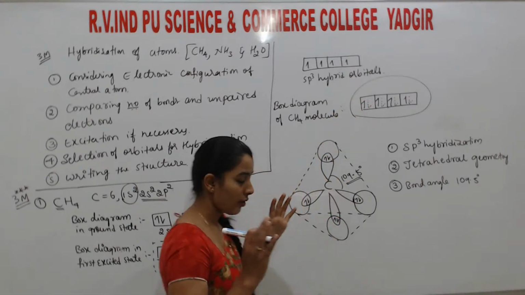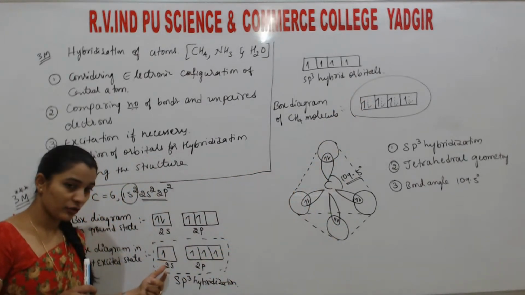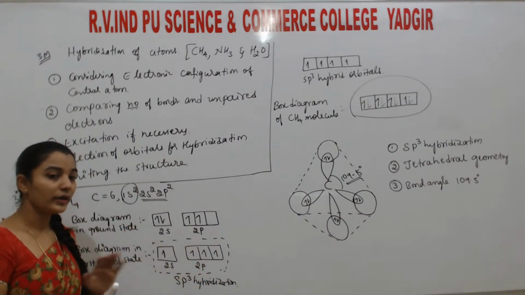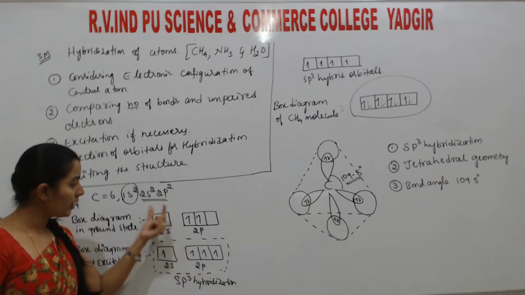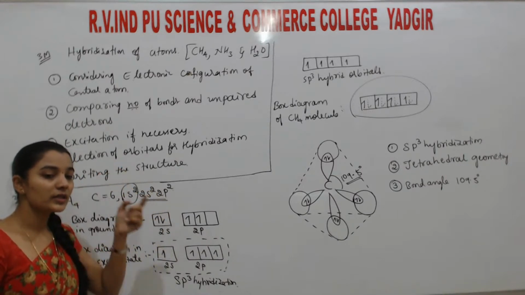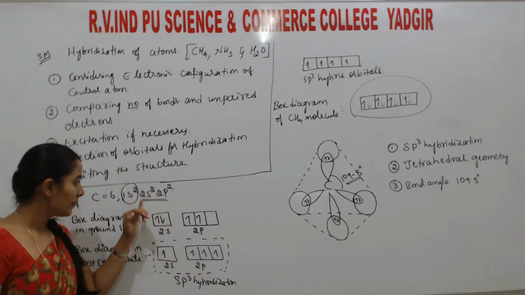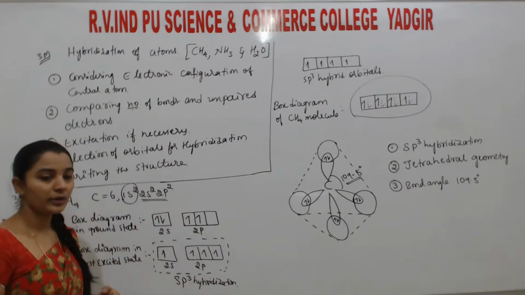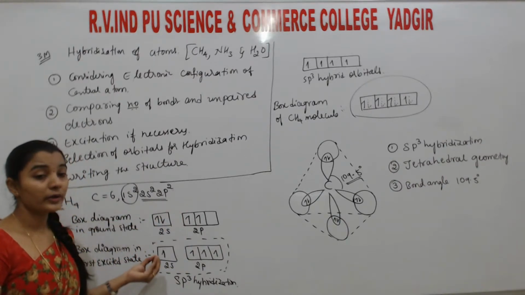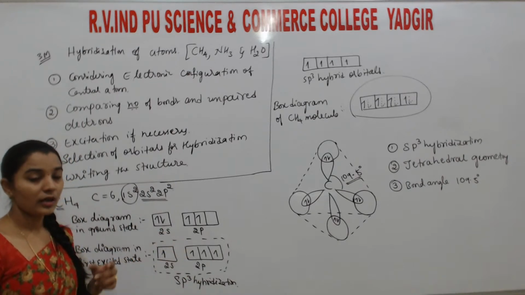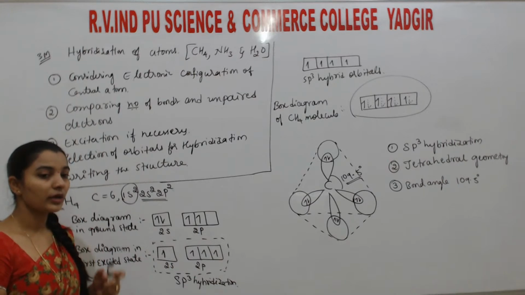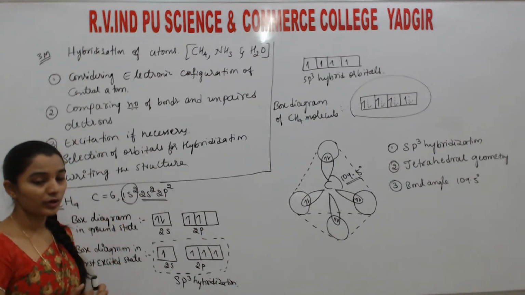And remember, whether it is an electron involved in bonding or not, it doesn't matter. The valence shell orbitals are always involved in hybridization. Means these s electrons may or may not participate in bonding, but they are involved in hybridization.